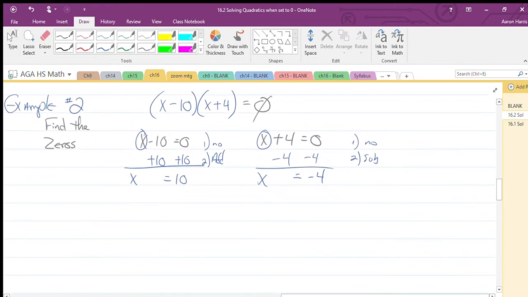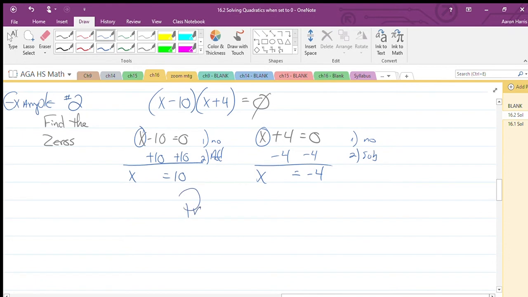Now watch this. Let's do a little quick proof. See if this makes sense. Let's plug in just this one. X equals 10. So if x is equal to 10, that means 10 minus 10 times 10 plus 4 equals 0.